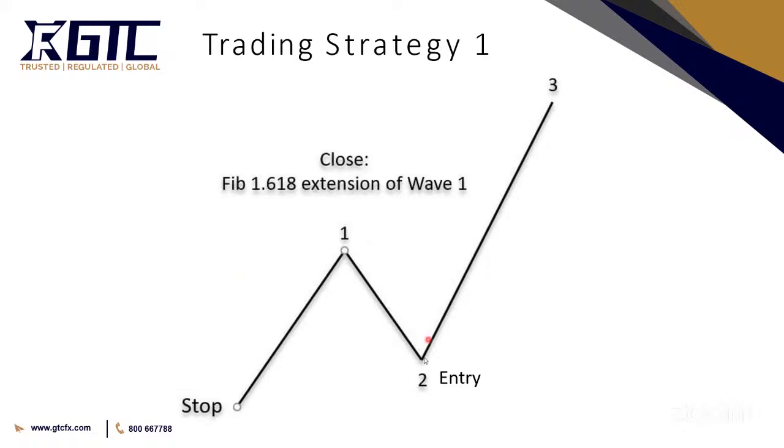Okay, so the first strategy is buy the termination of wave 2 in an uptrend. Stop below the beginning of wave 1 and the target, which is wave 3, which is the Fibonacci 1.618 extension of wave 1. All right, so here's how it looks.